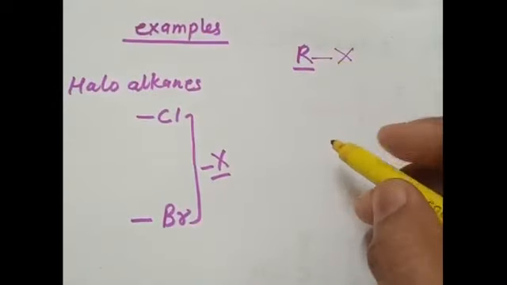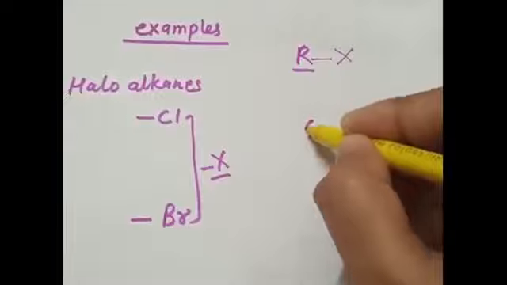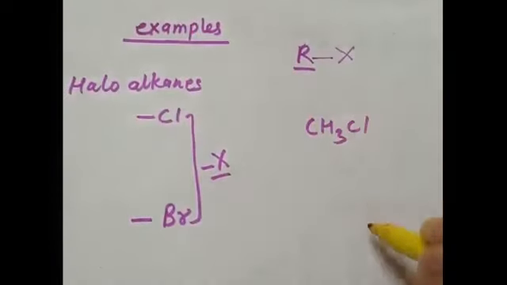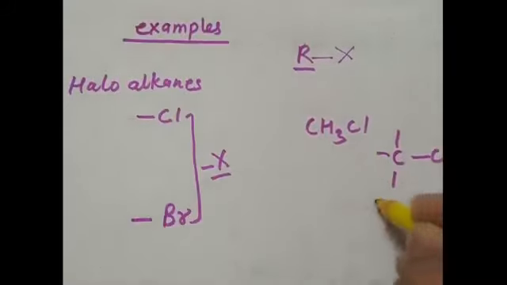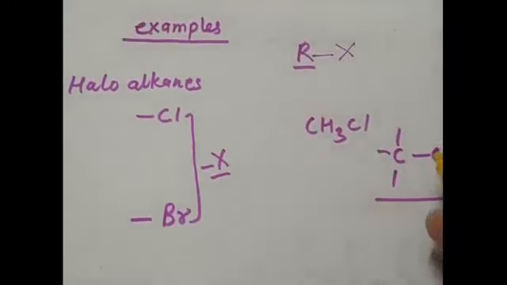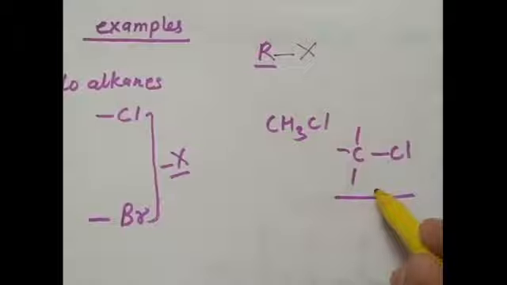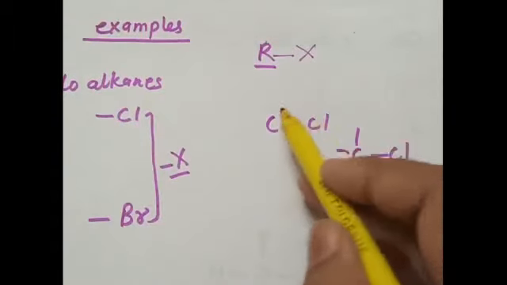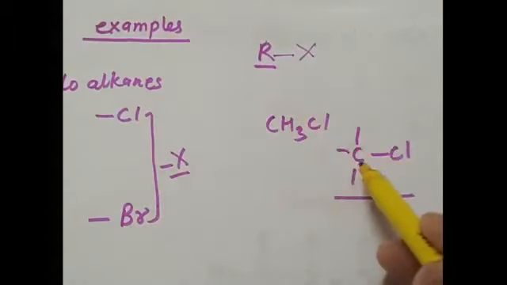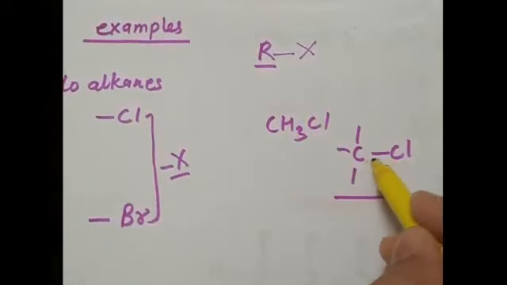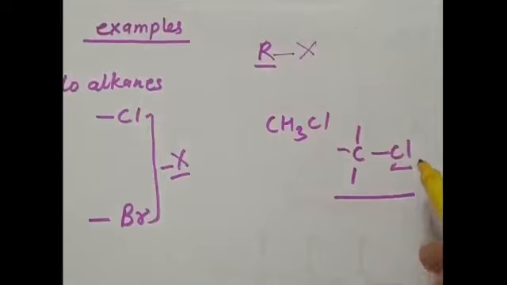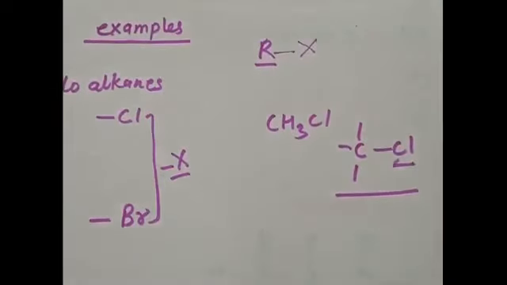Let us see one example, like CH3Cl. This is an example of a single carbon chain in which we are attaching chlorine. We can also attach bromine here. So this is an example of haloalkane functional groups.